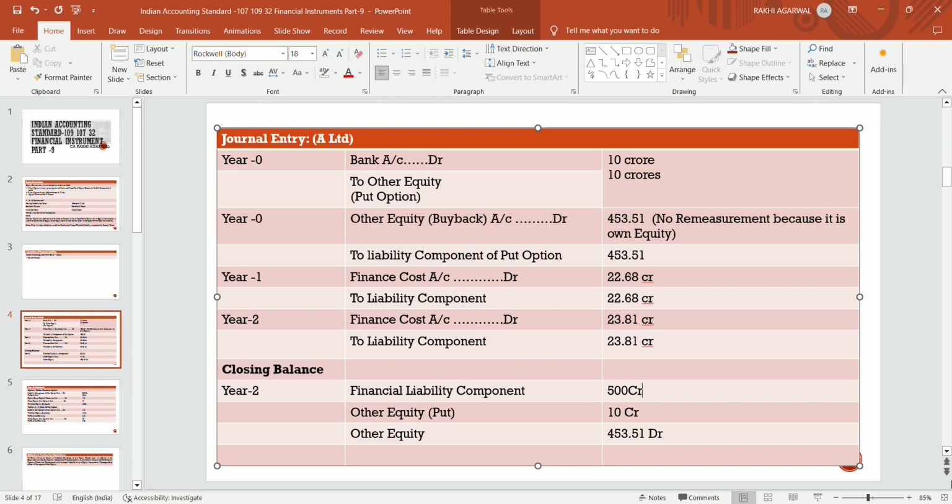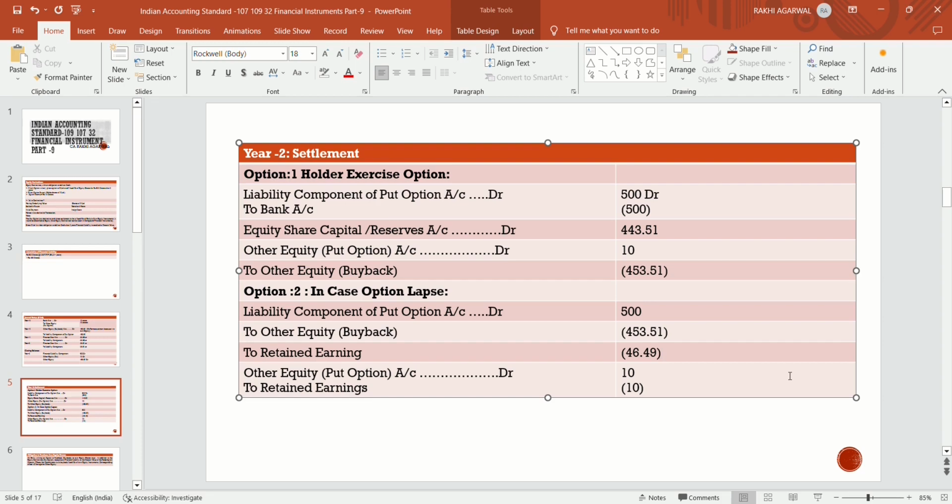Other equity put option, that is the premium amount paid in year 0, is 10 crore, and other equity becomes 453.51 crore. So this is the closing balance at year 2. Now, how does the settlement happen?